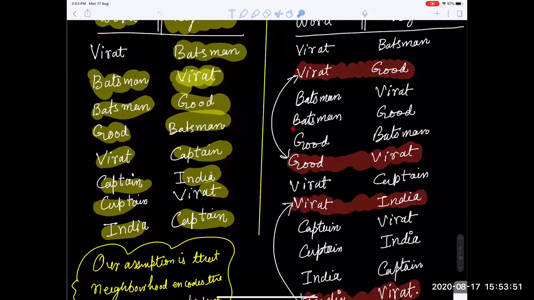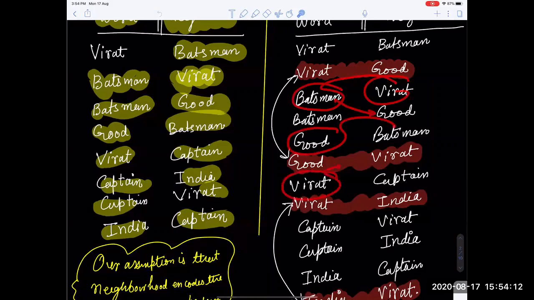I have X that I show to my network, and I have Y that I want my network to predict. I want my network to really understand the relationship, that batsman is related to Virat, and also related to good. Good is also related to batsman. Virat is related to captain.